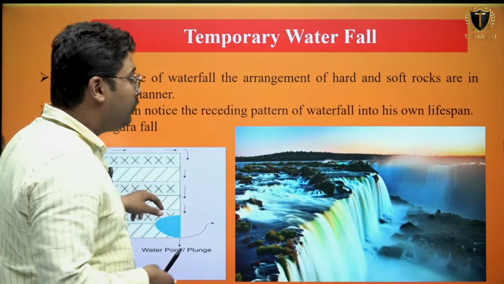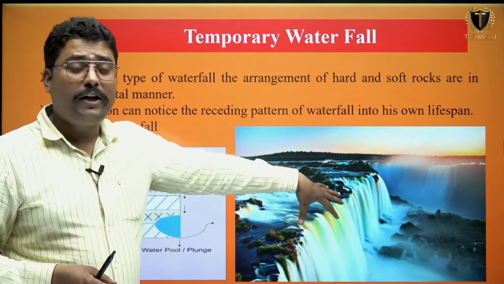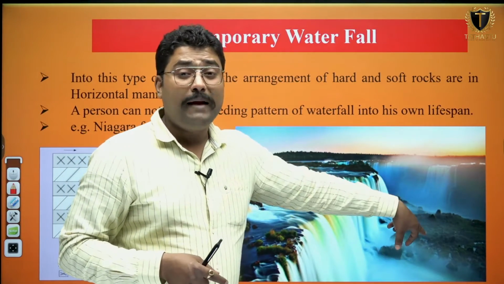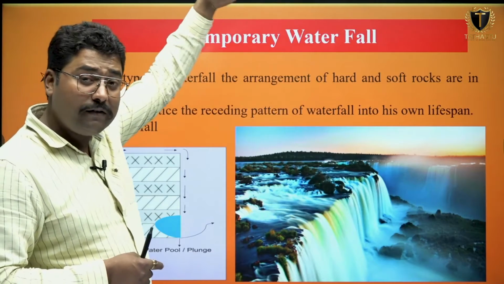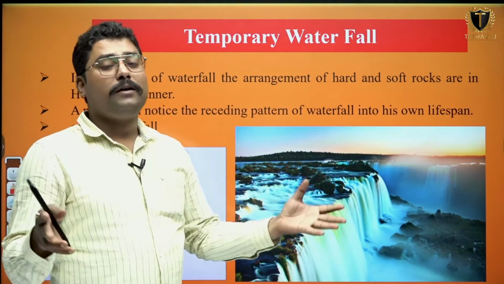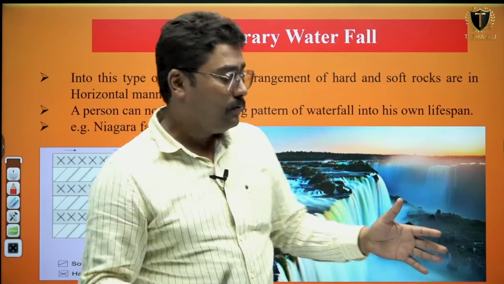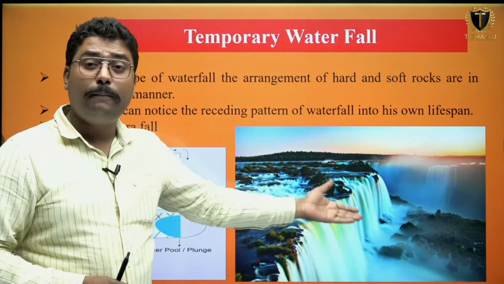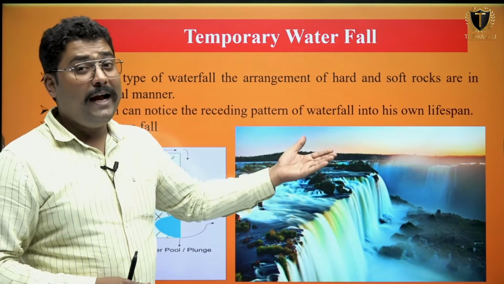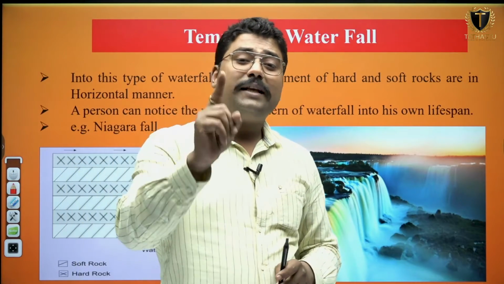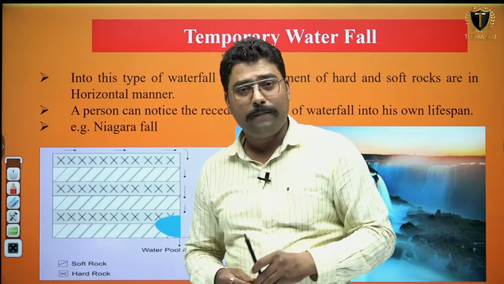But if you go to the temporary waterfall, you will find large rocks near the pool, because the overlying strata which is falling down will break. So when you find bigger rocks over or in the pool, it is temporary, and if you do not find bigger rocks but only pebbles, then it is permanent in nature.